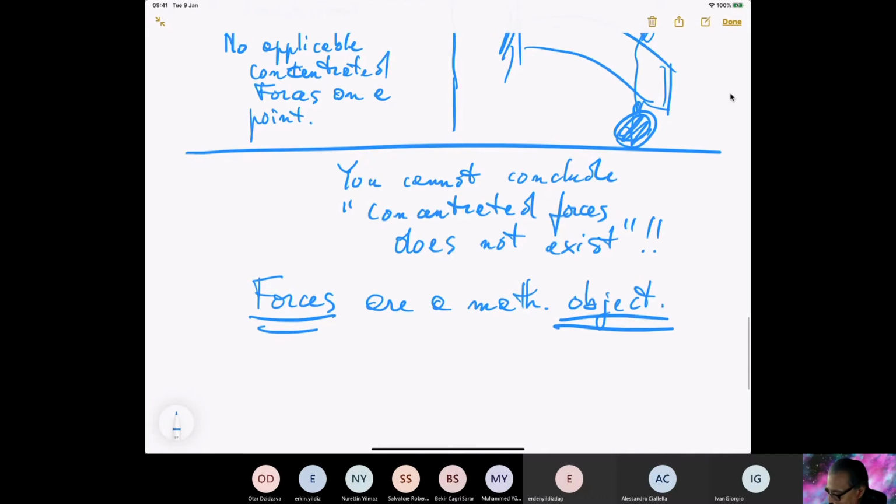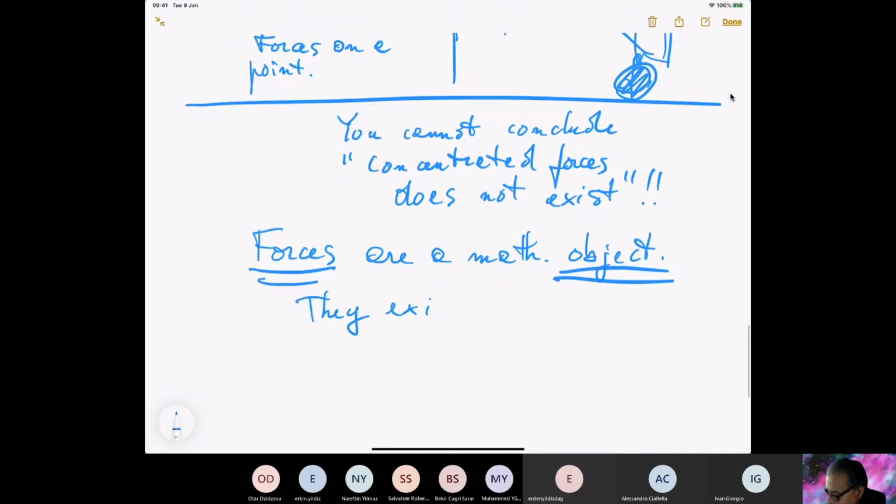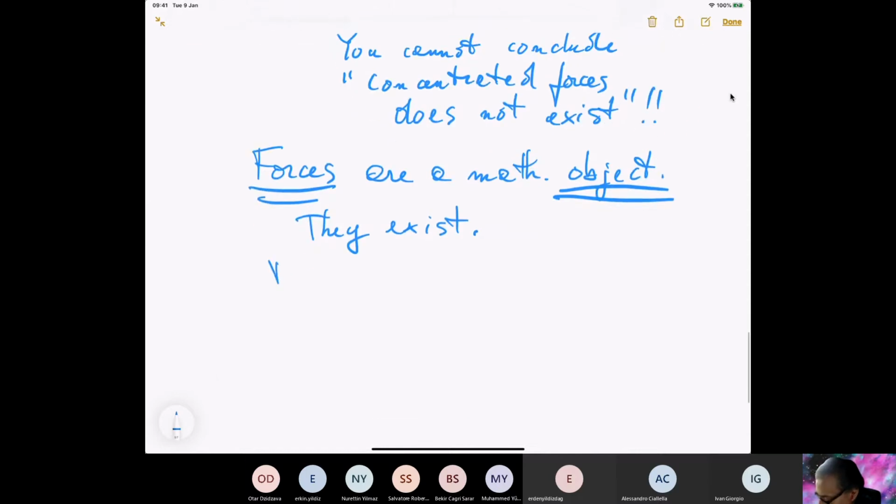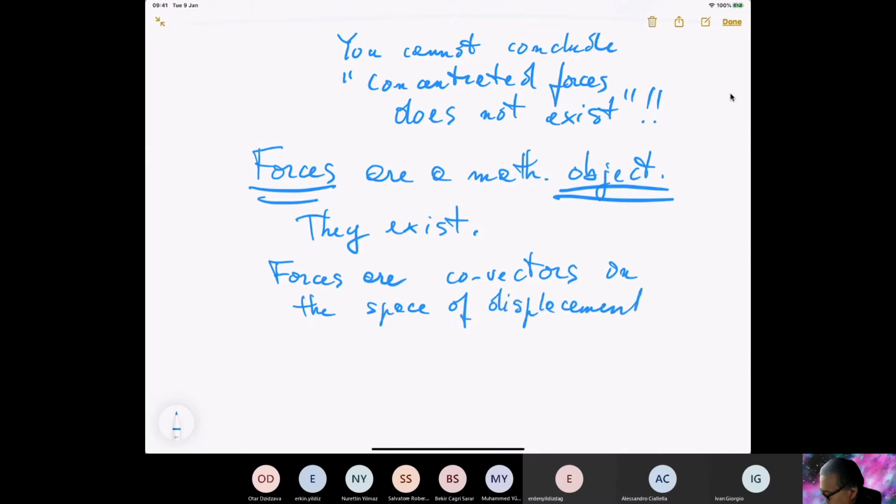Therefore, they exist. Period. Forces are covectors on the space of displacements. That's all.